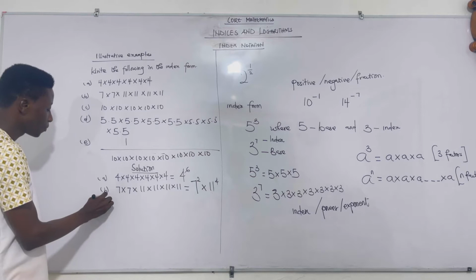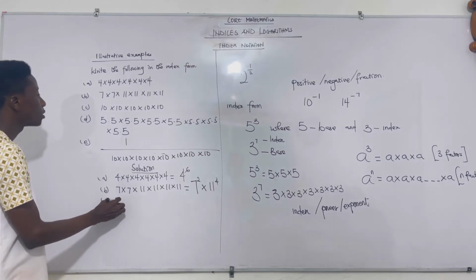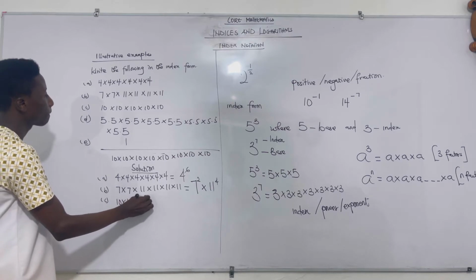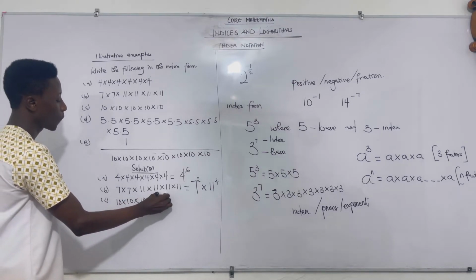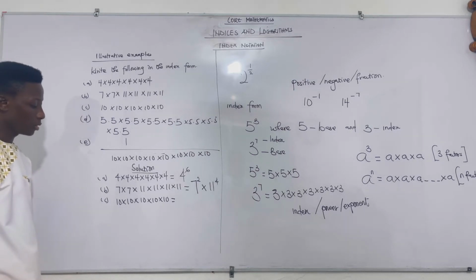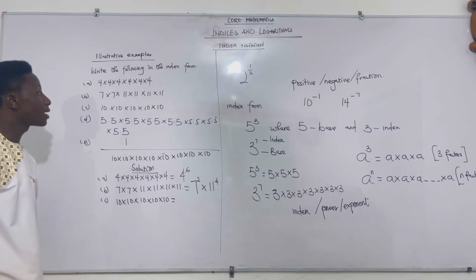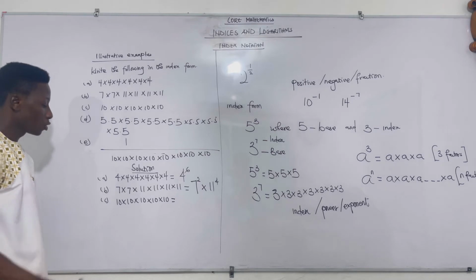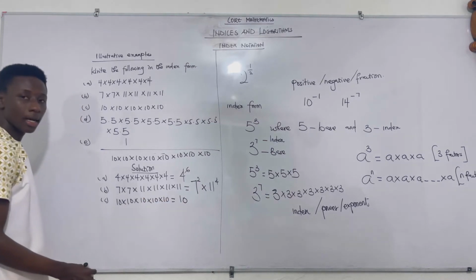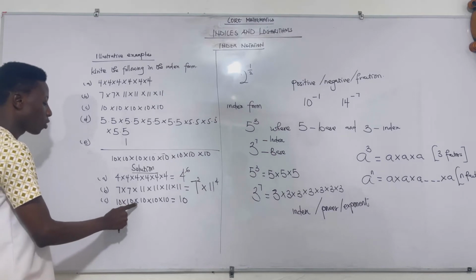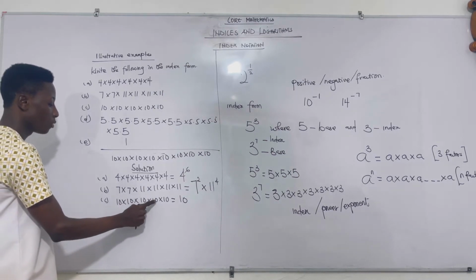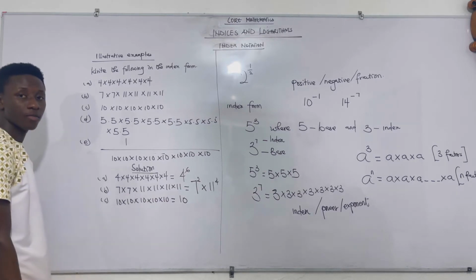Let's move on to C. So we have 10. How do we represent that in index form? Since 10 is occurring many times, you just pick 1, and then you count the number of occurrences, which is 1, 2, 3, 4, and 5.